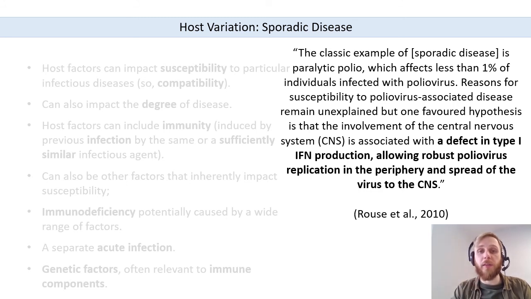And as we know, interferon is an immune signaling molecule, so it's involved in inducing the immune system, and also with CNS involvement. So this is the mechanism of what's going on, but the causes of that are not quite clear and it's not completely understood. But the key takeaway here is there are these differences between individuals, and this is what we want to understand.